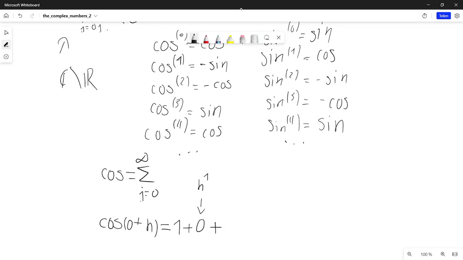So now minus cosine at 0 is just minus 1, and we have minus 1/2, and we have h squared, right?